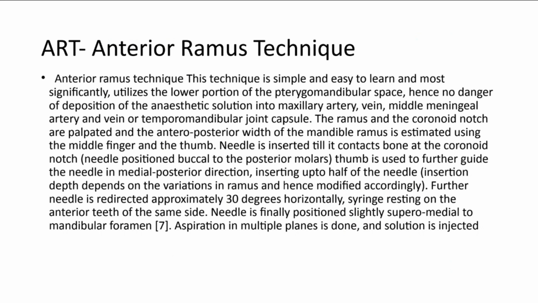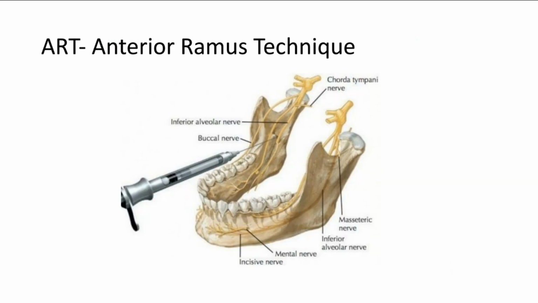You feel the coronoid notch just like normal, and you're going to estimate along the notch until the posterior molars. And let me show you this here. So first of all, you're going on the same side, okay?